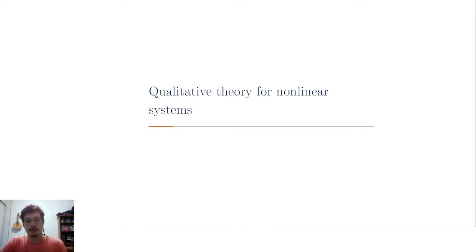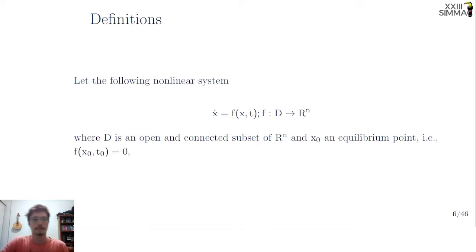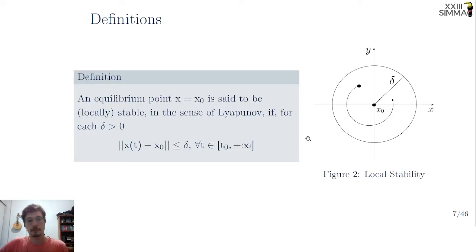Before getting into the qualitative theory, it is important to make some definitions. First, we consider this nonlinear system with an equilibrium point x0. An equilibrium point is said to be locally stable in the sense of Lyapunov if in the neighborhood of this point all trajectories stay close to this point.